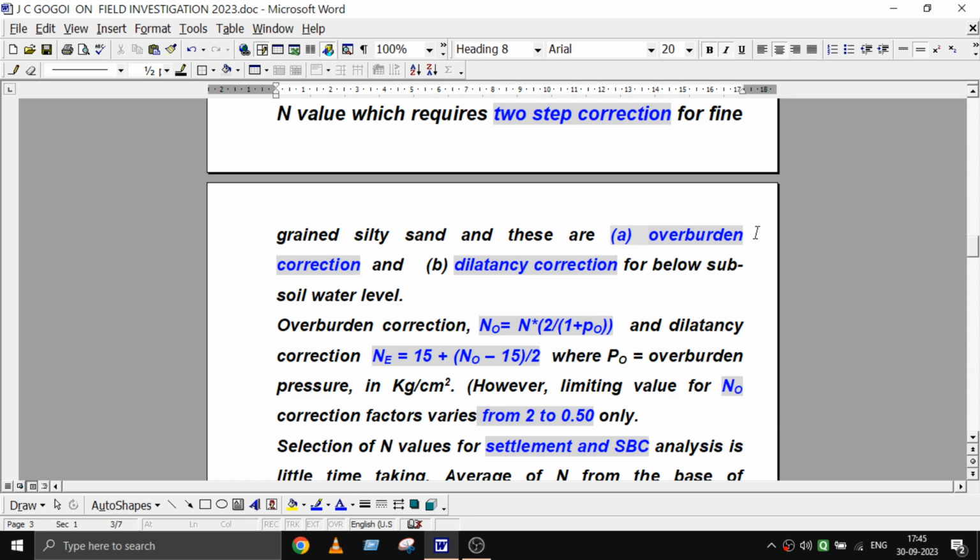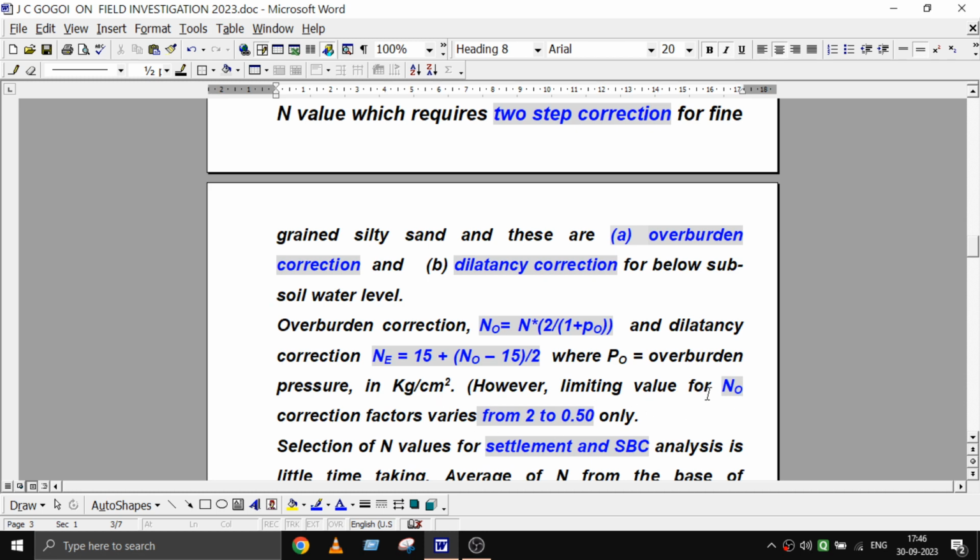But the overburden correction we require in all formations, whereas the dilatancy correction is required only for fine grain silty sand.